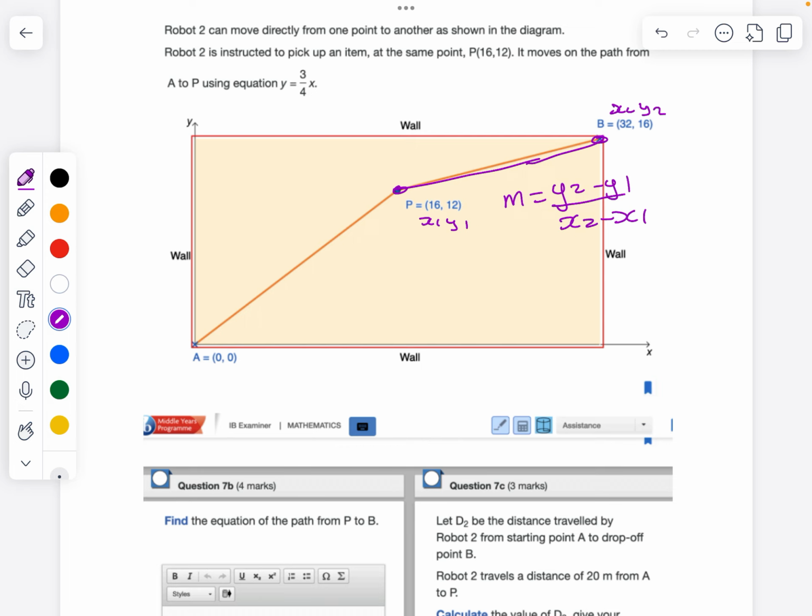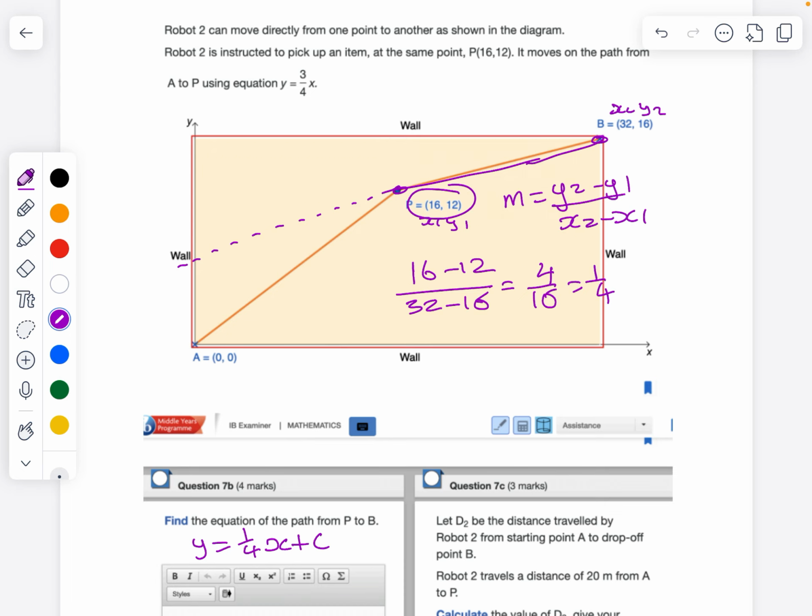So label it, so x1, y1, x2, y2. So I'm going to do 16 minus 12 all over 32 minus 16, which gives you, if you simplify, a quarter. So that means y equals a quarter x plus c.